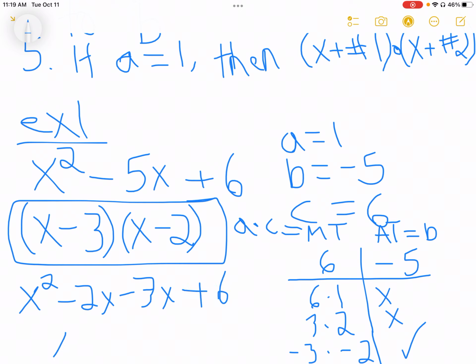And if I simplify this, I have x squared minus 5x plus 6, which is what I had to begin with. Okay, so that checks out. There's another example in the book that you guys can work out as well, just being careful to set up your t-chart properly, and then you can double check your answer.